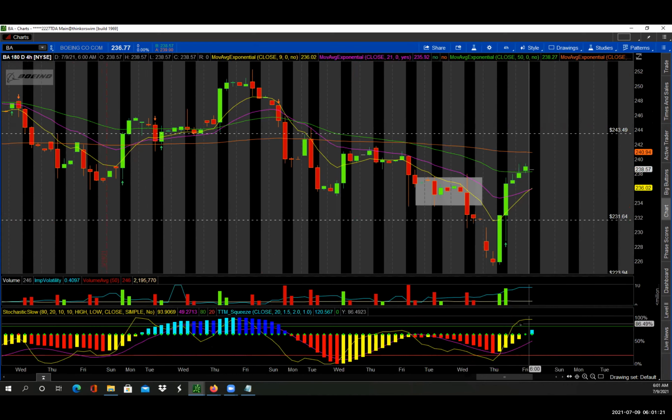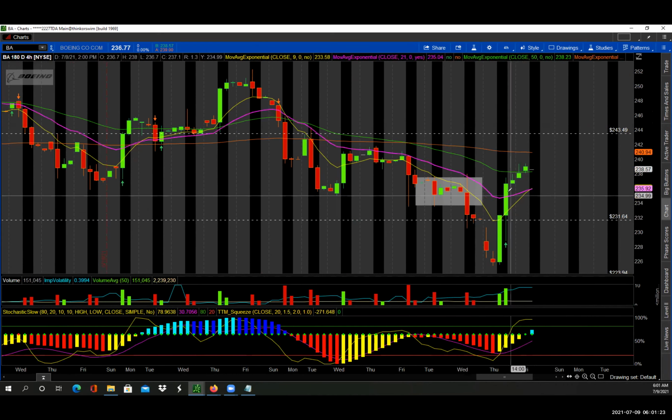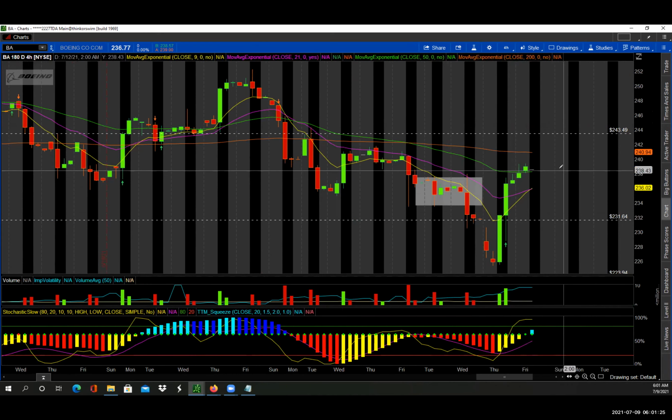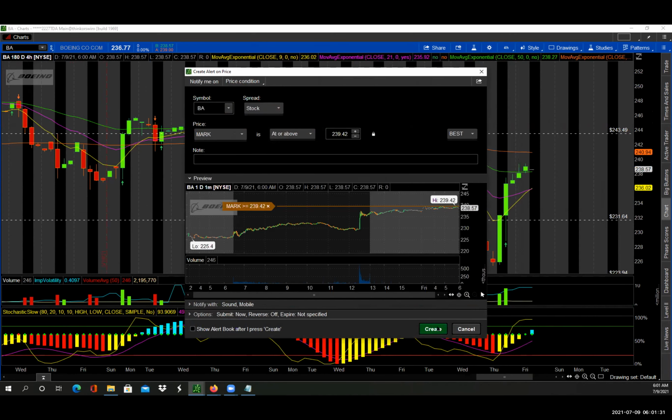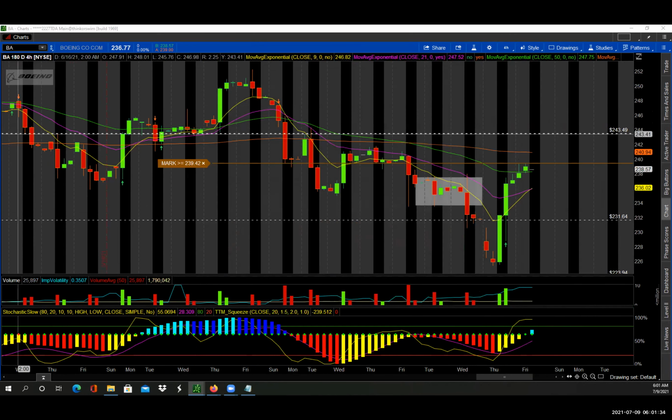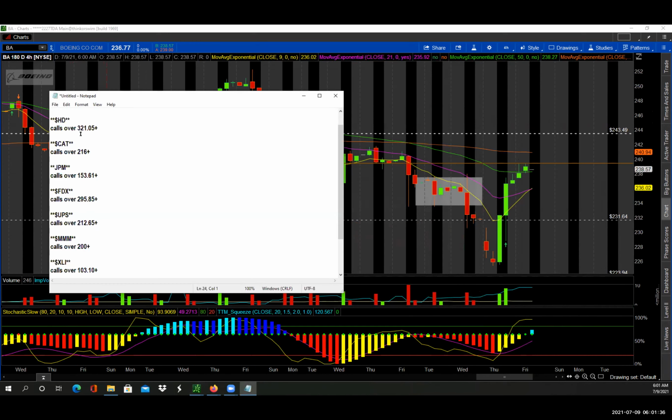Our STO is a little overbought, but that just means that we're going to consolidate here maybe. And if you guys want to find a day trade here above 239.40, totally can trade it. Okay, so let me put this on my list, on my industrials list.